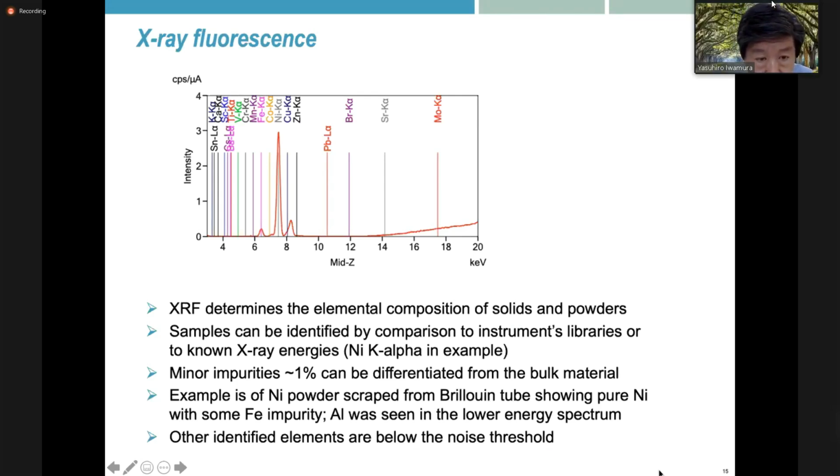You have a peak of nickel and iron, and you have another peak between copper and zinc. That's actually the nickel K beta line. Nickel K beta. Okay. Yeah, the tall one is obviously the K alpha. Okay. Thank you.